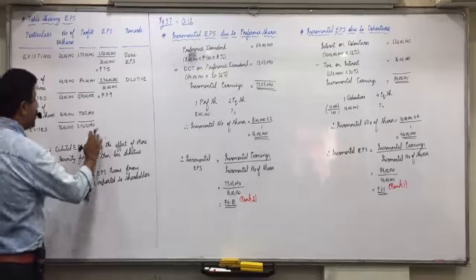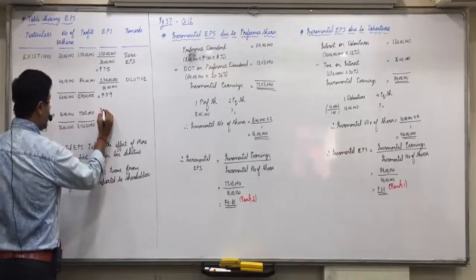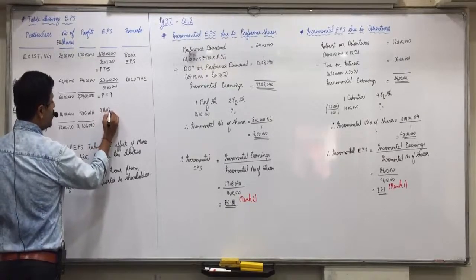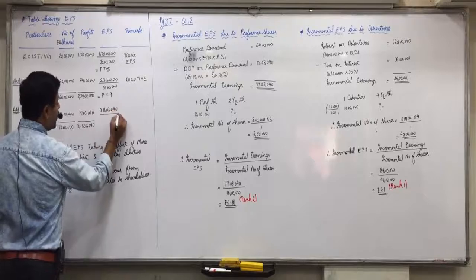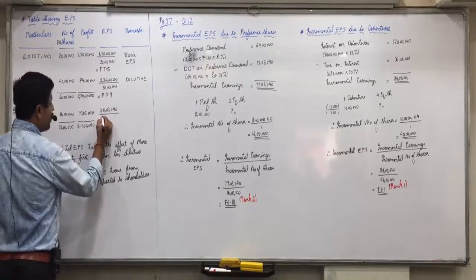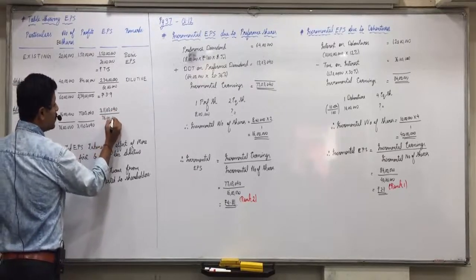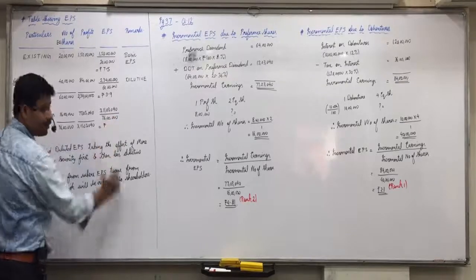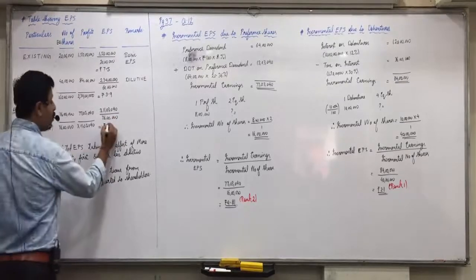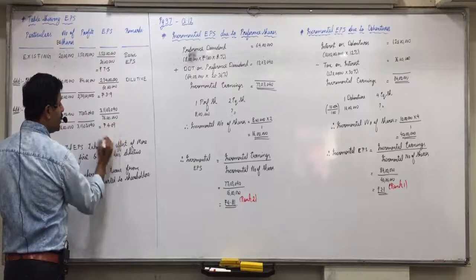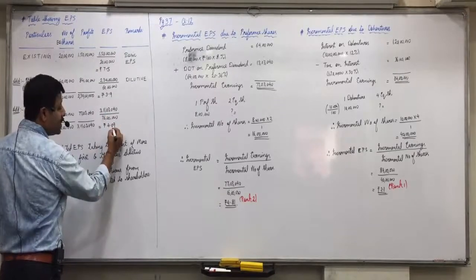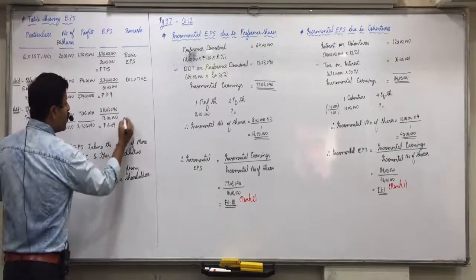Now what is the formula? Revised profits 3 crore 11 lakhs 3040 divided by revised number of shares 76 lakhs. 4.09. Now from 3.9 it is increasing to 4.09.